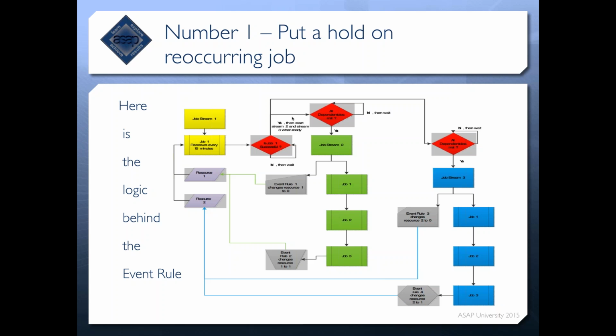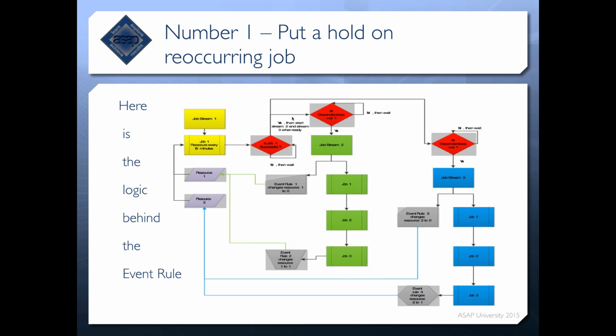If it's not running, then you can start job stream 2. And when we do that, we have an event rule that will signal back to resource 1 to turn to 0, which means it's not available. So that resource goes to 0, and that stops the reoccurring job from happening.